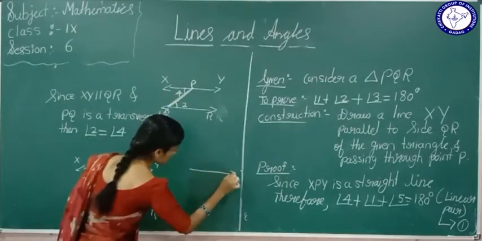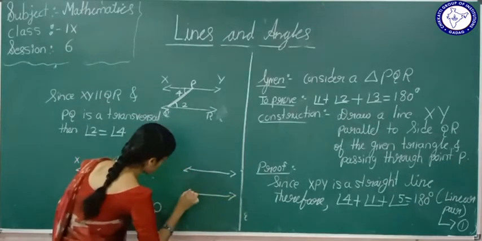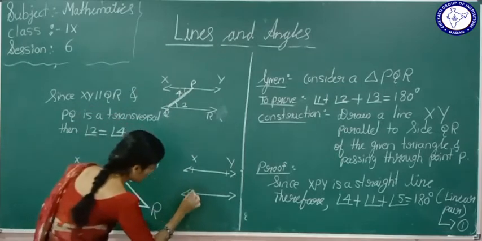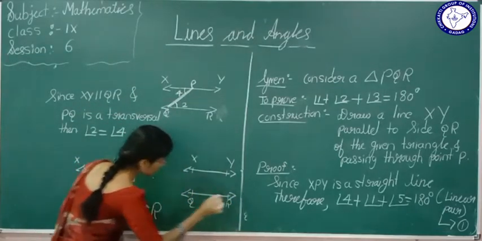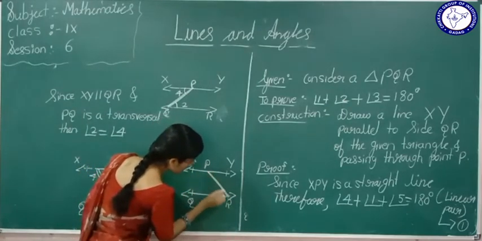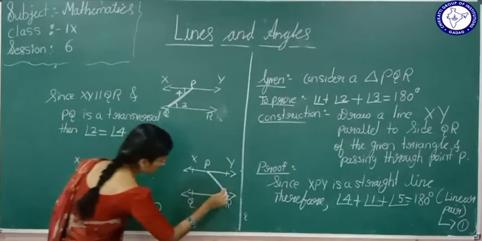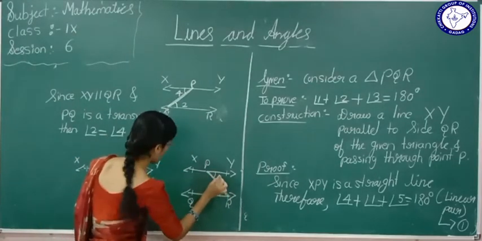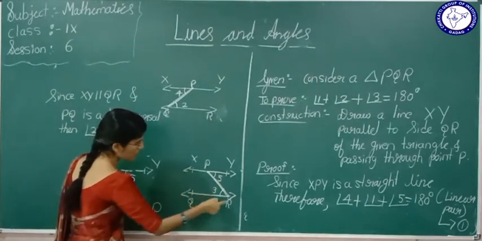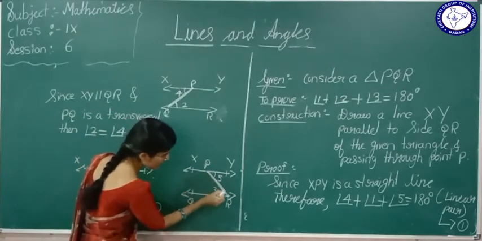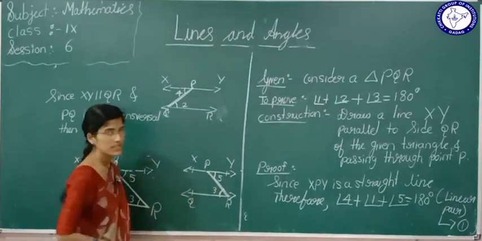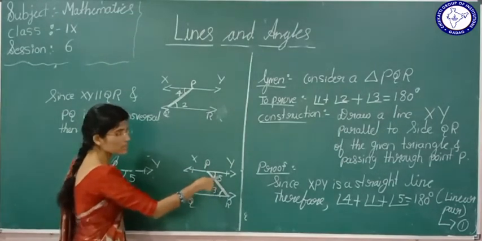Similarly see here, XY and QR are two parallel lines and here PR is acting as a what? This is a transversal. So what we can tell about angle 3 and angle 5? Here XY and QR are two parallel lines and this is acting as a transversal, means these two angles are alternate interior angles. Alternate interior angles are what?